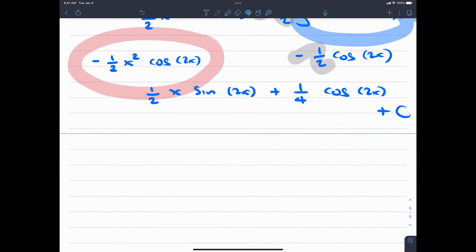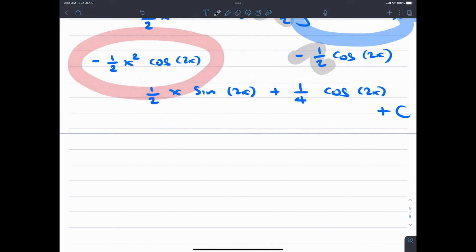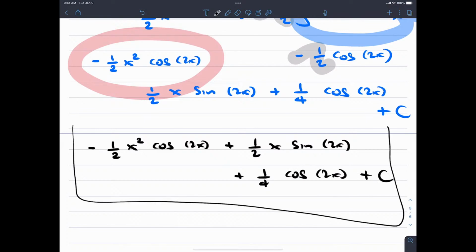So here's your final answer. Negative 1/2 x squared cosine 2x plus 1/2 x sine 2x plus 1/4 cosine 2x plus c. There you guys go.